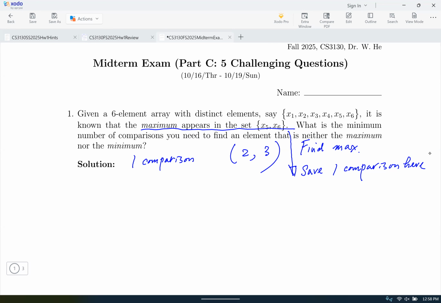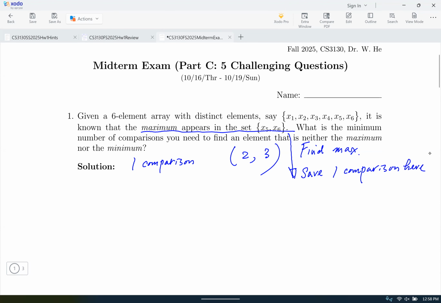Actually, think about if you take away X5, X6, in the remaining 4, you can say the remaining 4 elements have no chance to be max, right? None of the remaining 4 could be max.